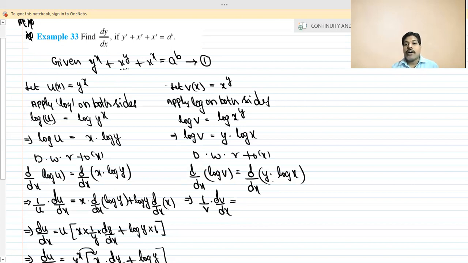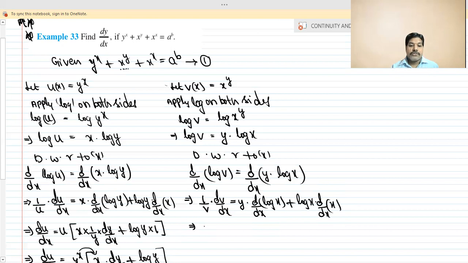This is the uv formula, students. Apply that: y into derivative of log x plus log x into derivative of y. Take this v to that side.